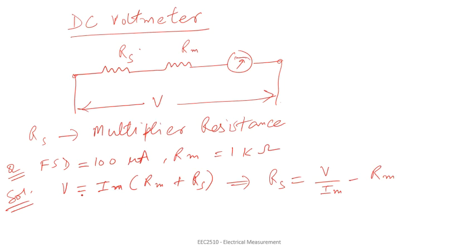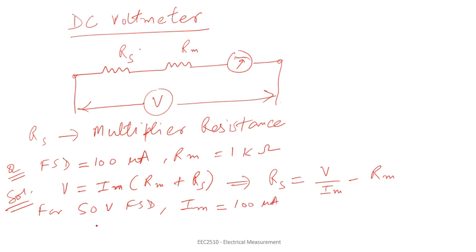It is given in the problem that the voltmeter is to measure 50 volt at full scale, so this voltage has to be 50 volt at full scale deflection, and the current is already given in the problem as 100 microampere.